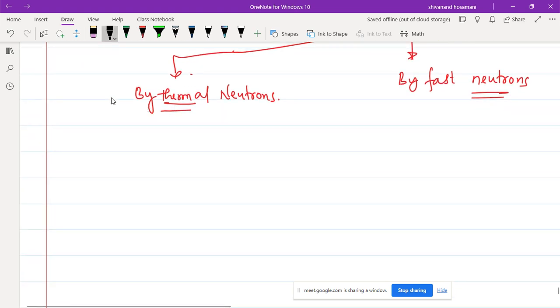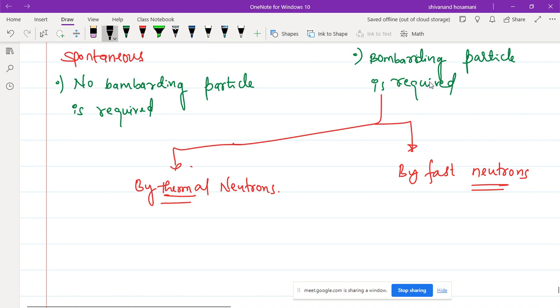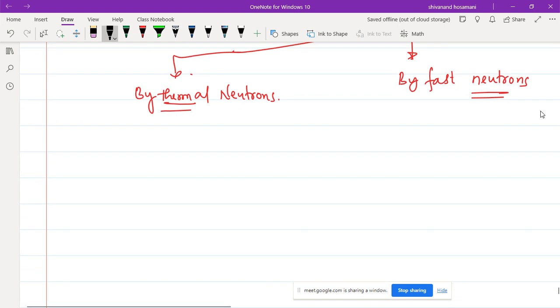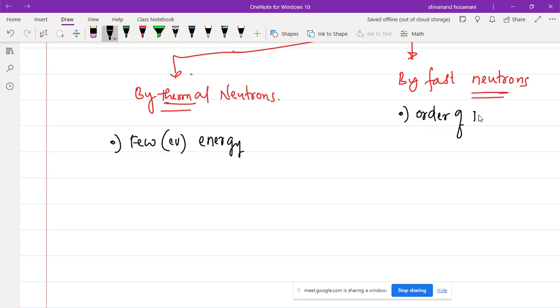So these are energetic particles. If you take thermal neutrons, their energy will be a few electron volts. But in the case of fast neutrons, their energy will be of the order of mega electron volts.